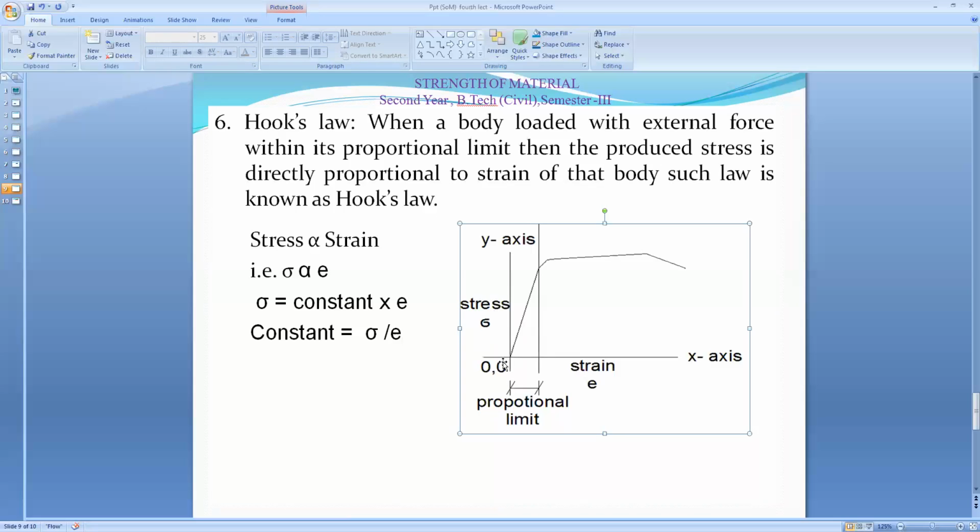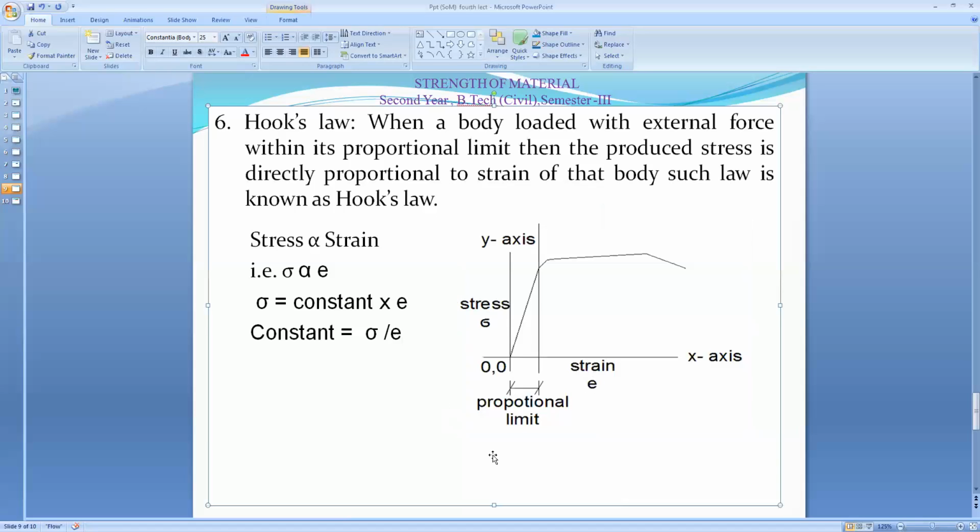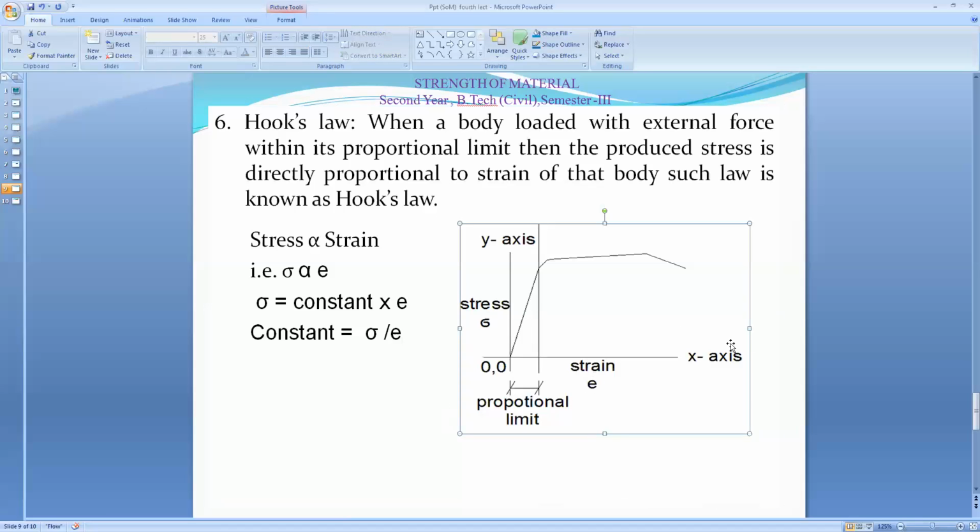But from point 0 up to a certain limit, there is a certain relation between the stress and the strain. Stress is directly proportional to the strain up to the proportional limit. We can understand this by referring to this figure.